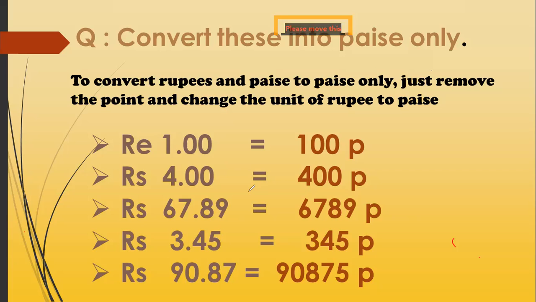In the same way, in the last example, rupees 90.87 is equal to, we remove the decimal, 9087 paisa.